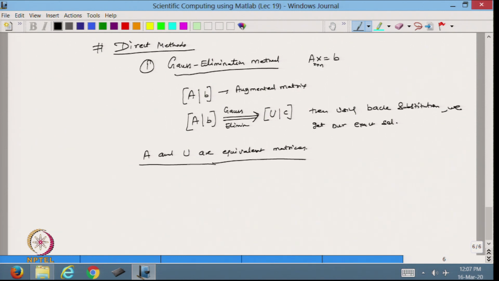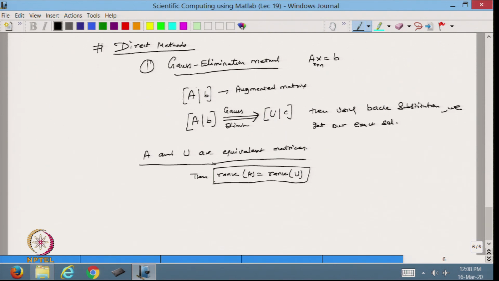We know that A and U are equivalent matrices, so the rank of A is the same as the rank of U. That is another property of equivalent matrices, because in equivalent matrices only the rank stays the same and the other nature of the matrix does not change. If A is a singular matrix, then U will also be singular. If A is non-singular, U will be non-singular.